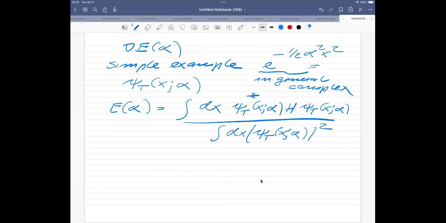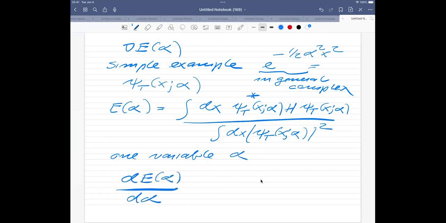If I take the derivative of this quantity, we have only one variable, but in general, this would be a gradient. So what we need now is the derivative of E of alpha with respect to alpha, and I'm just going to write this as dE/dalpha for simplicity. Now, if you take the derivatives, we're just going to use the standard rules for calculating derivatives.